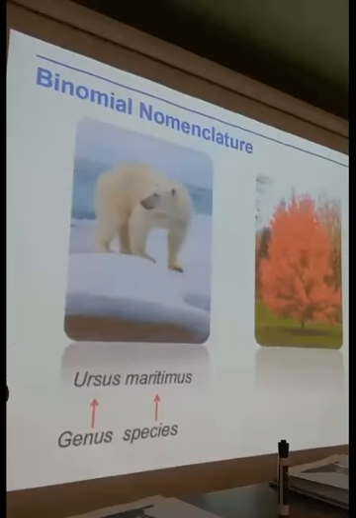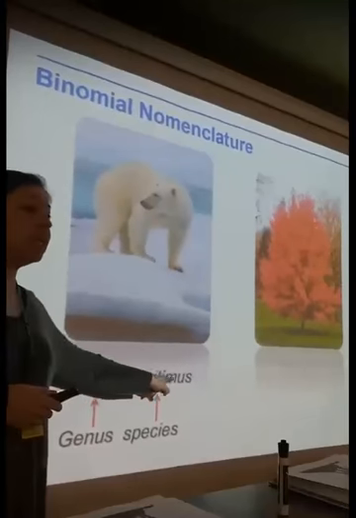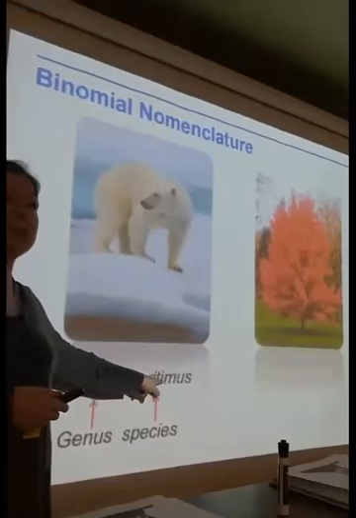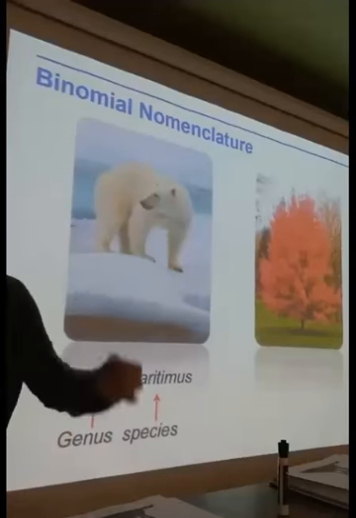Now, what's nice is, and this will be a quiz question, possibly a final exam question, if I give you the binomial nomenclature for an organism, I automatically just told you what genus and what species that organism belongs to. A genus is a group of closely related organisms.